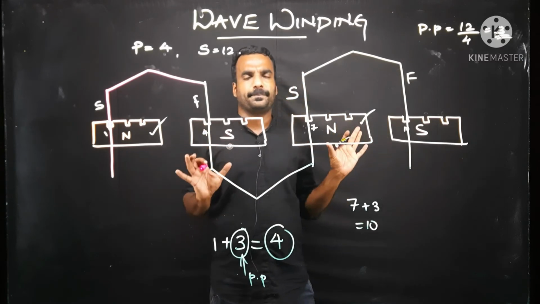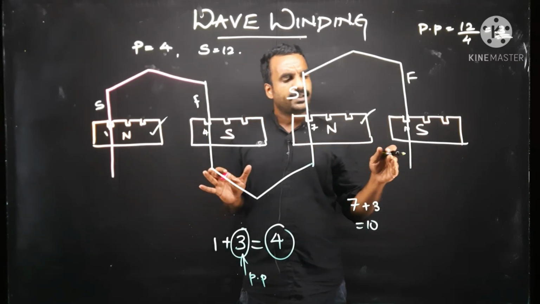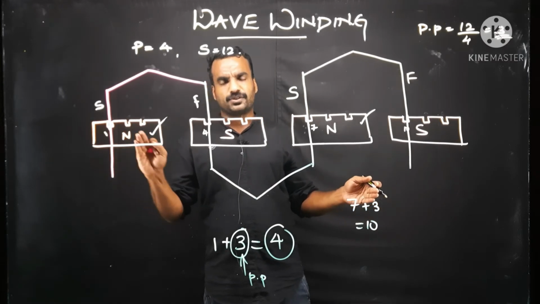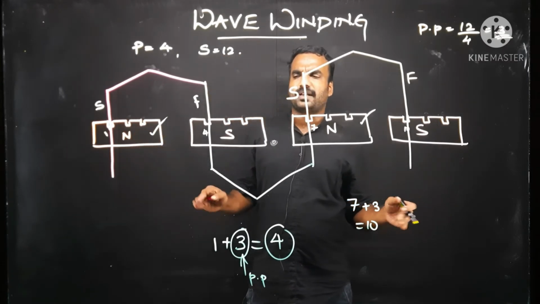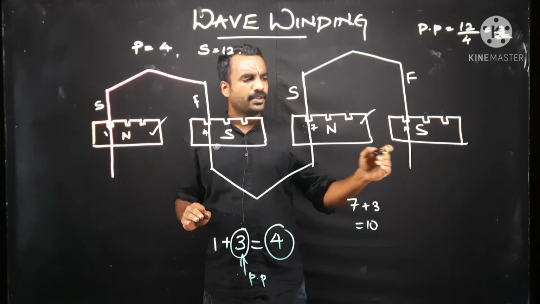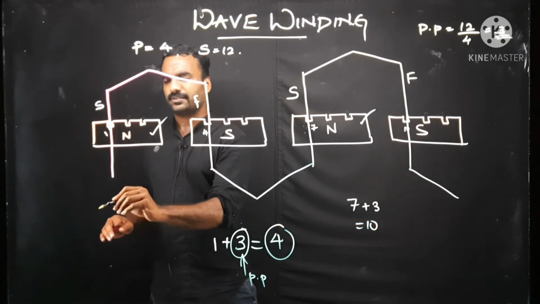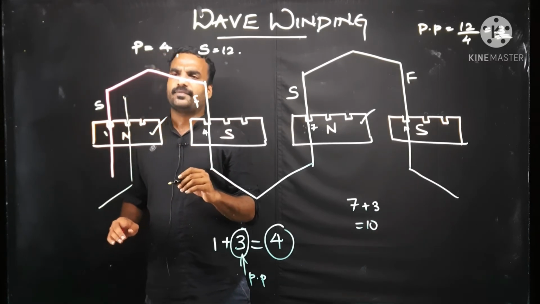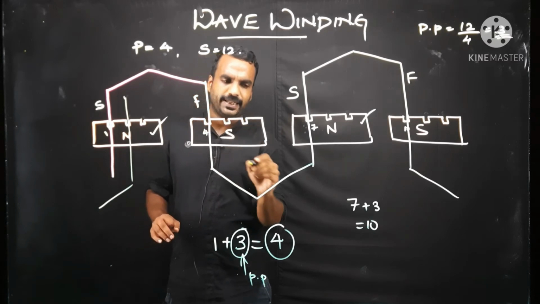So two coils are placed, and again the winding will come back to the first north to south pole second slot. We are not doing the entire drawing. Actually you will get it like this. You have to go to this slot again, the second slot, and do the same work again.